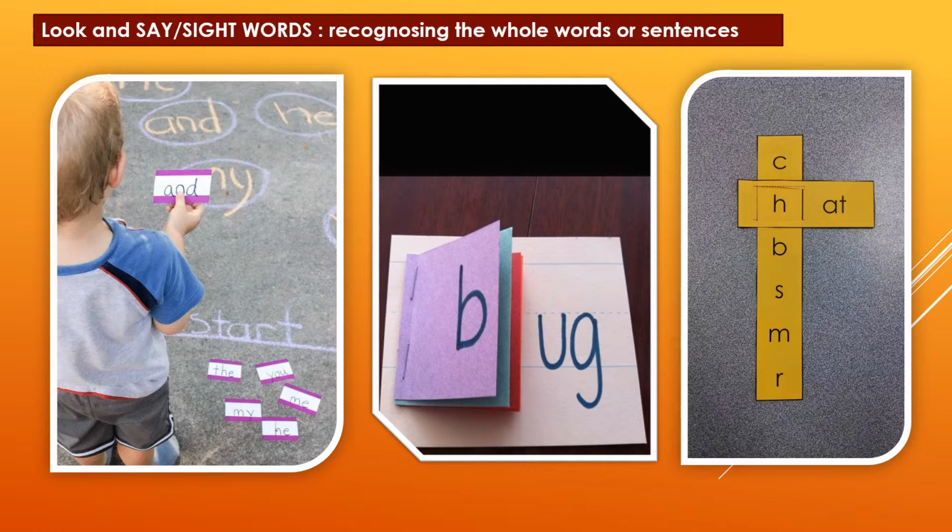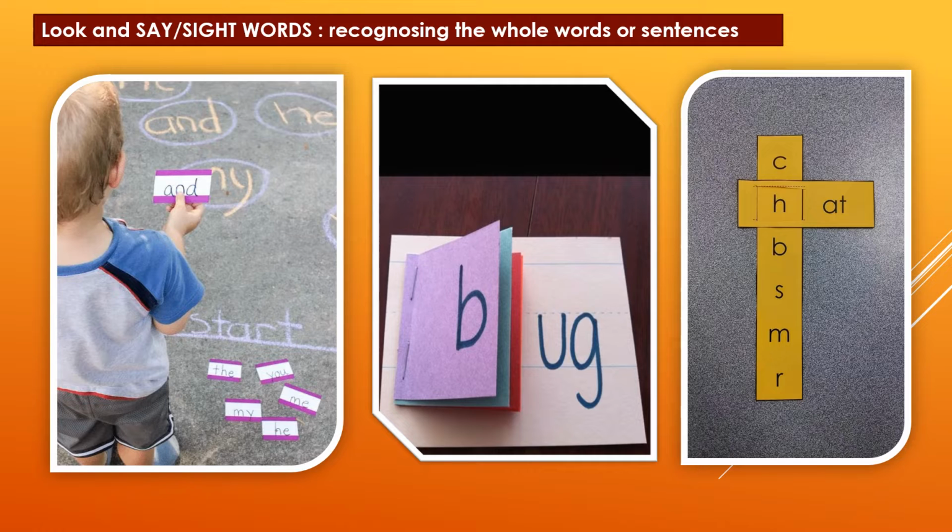So there is U and G, and there are some other words here that can make a new word when you open this. When you open the paper, this is B, so you can read it as bug.